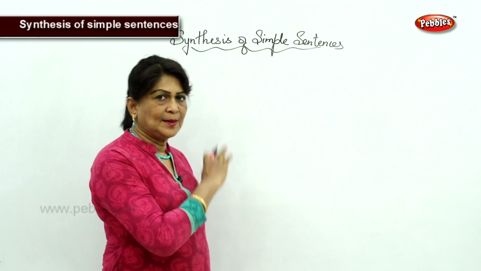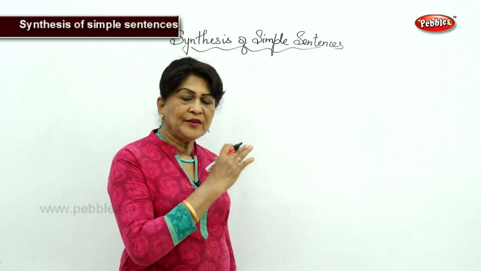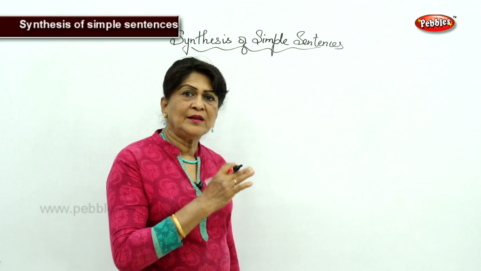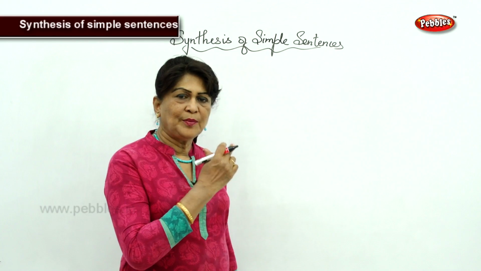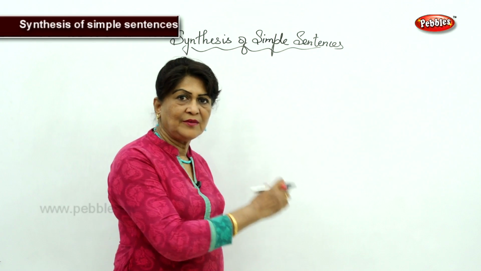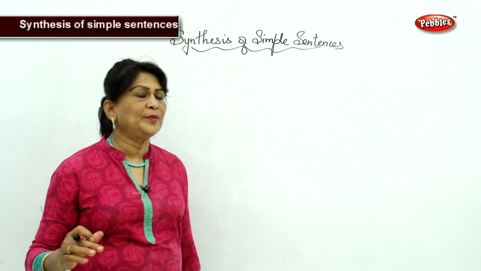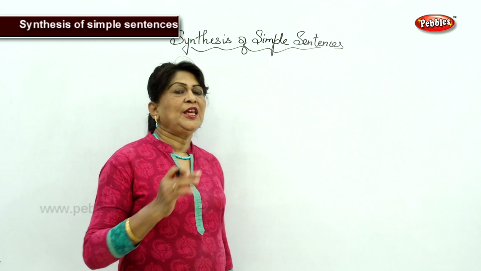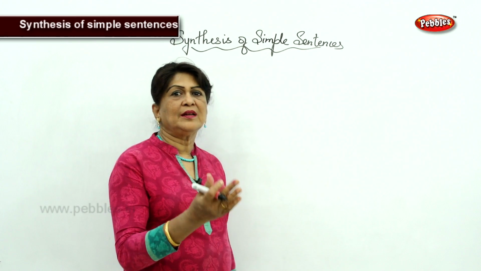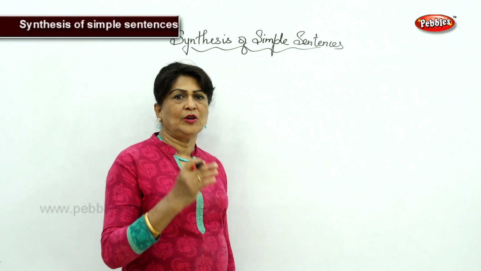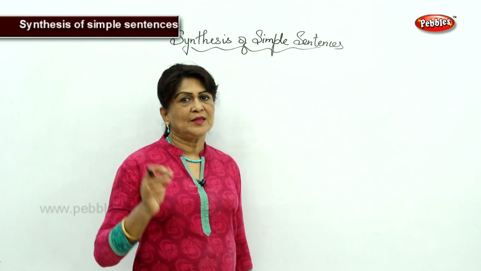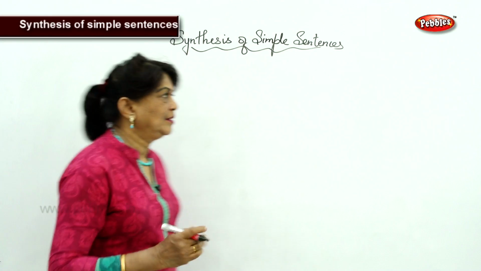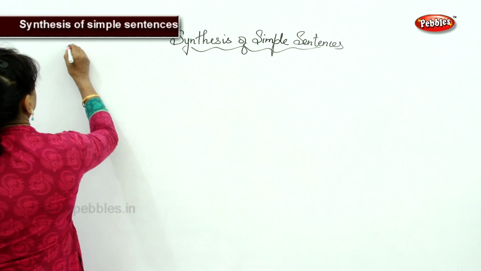If the subject is the same and the two actions are done at the same time, then we use the participle, taking it from the main verb and making it into a participle. But if the actions are done at two different timings, then we use being or having. I will give you examples for that.